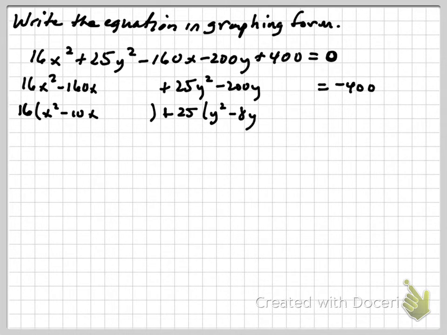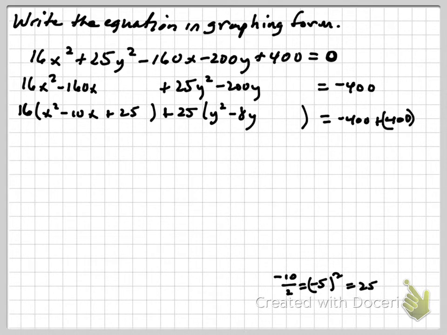Okay, so I need to complete the square on the numbers and things that you see here. So I'm going to take, I think I'll do it down here, negative 10 divided by 2 is a negative 5, square it, and I get a 25. Guess what 16 times 25 is?